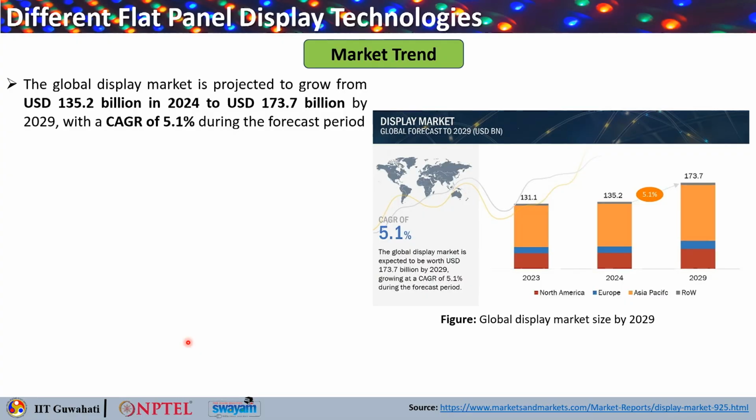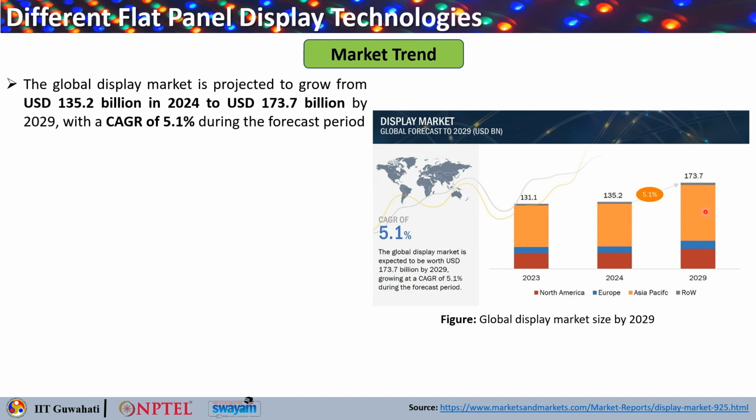So, the market trend also shows that the global display market, which was $135 billion in 2024, is going to rise up to 173 billion by 2029. That means it shows a growth rate of 5.1%. You see the color scheme here shows North America, the blue one is for Europe and this one is for Asia Pacific.